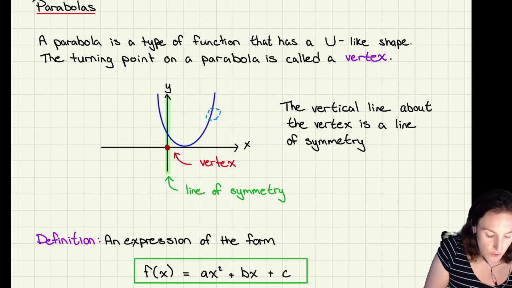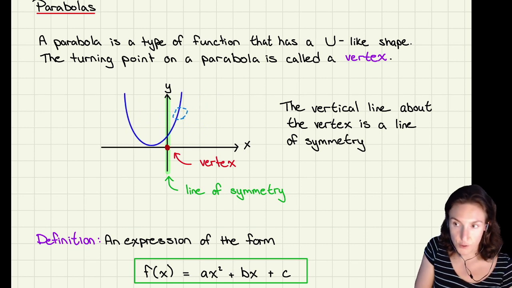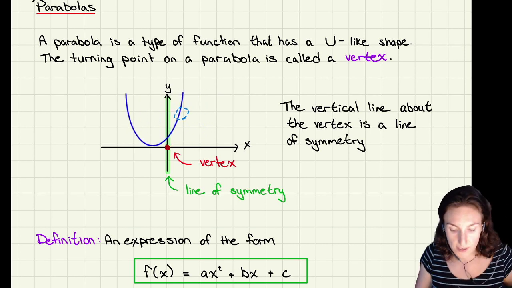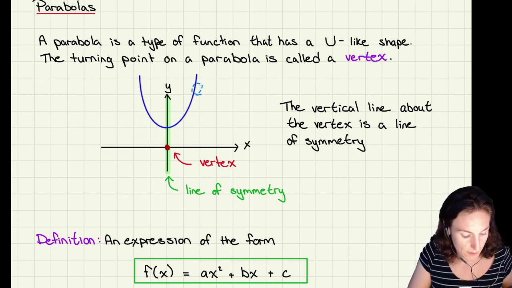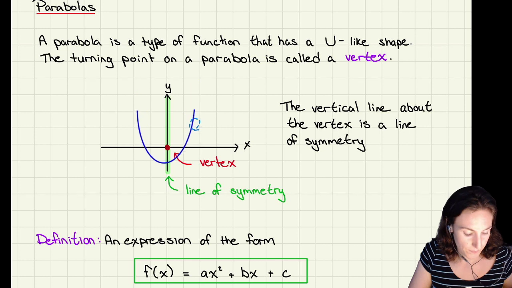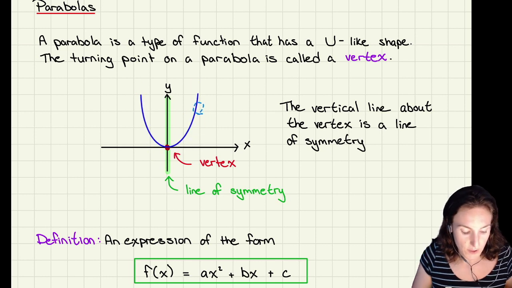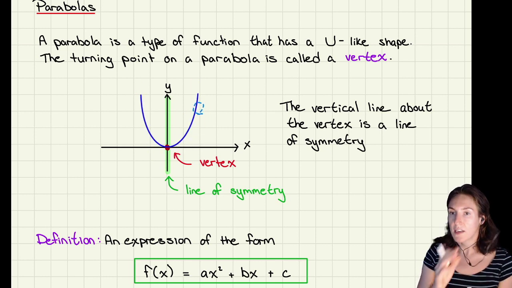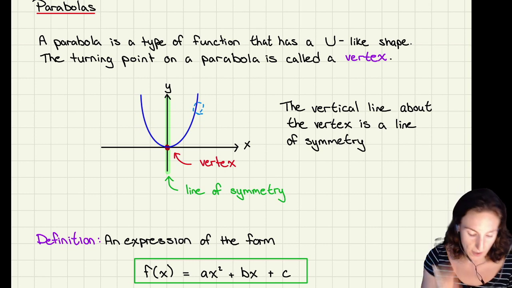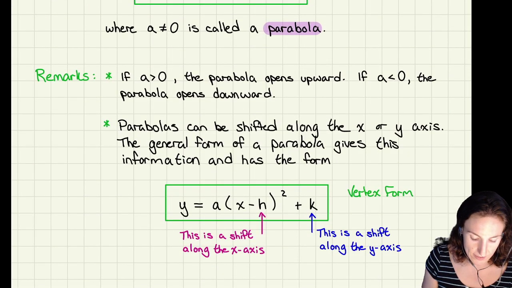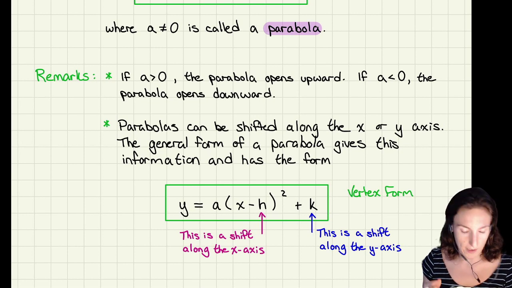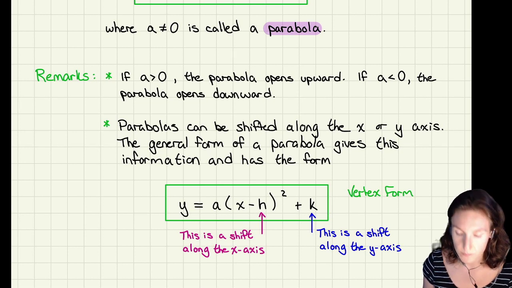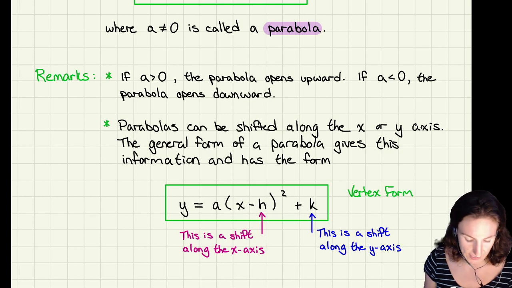What if it was shifted over 1 to the right, or shifted over 1 to the left? Or maybe it was moved upward by 1 or downward by 1. To quickly be able to tell if we have a shift along the x or y axis, we can look at what's called vertex form. Some books call it general form, but I think vertex form is a little bit easier to remember or understand.